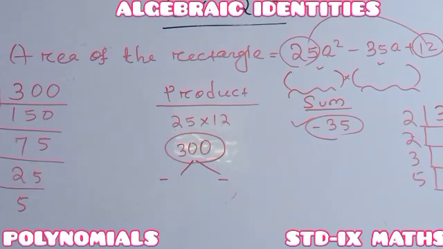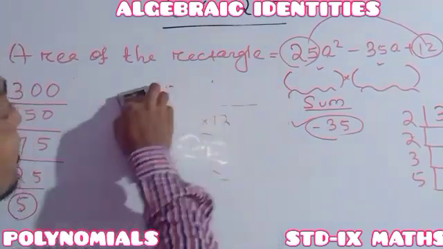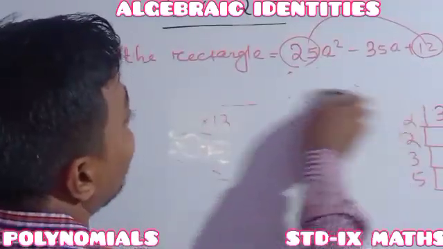Here, suppose 5 into 3 equals 15, and 5 into 4 equals 20. As both were said to be negative, the product of 20 and 15, the product of all the factors, is our 300. But minus 20 and minus 15 give us minus 35. So we have got how to break it. We just have to break it in this way.